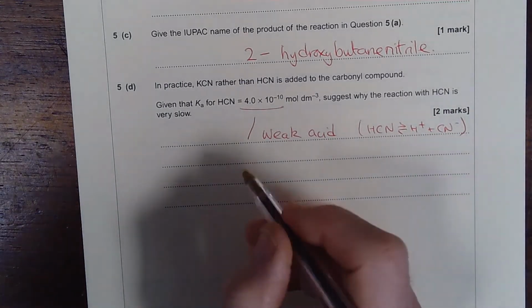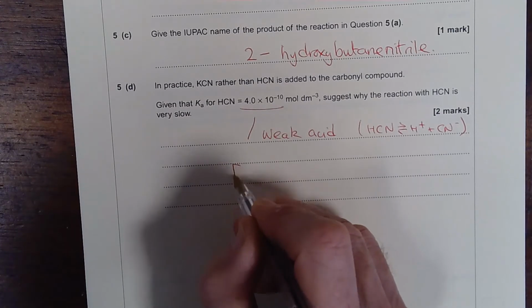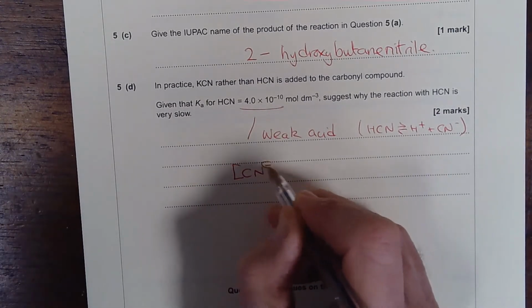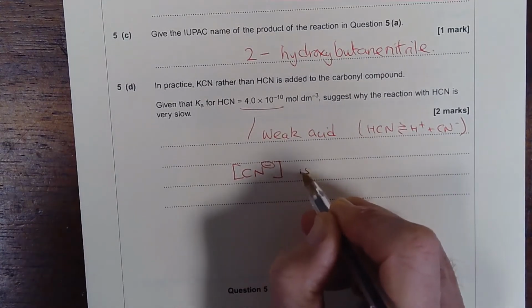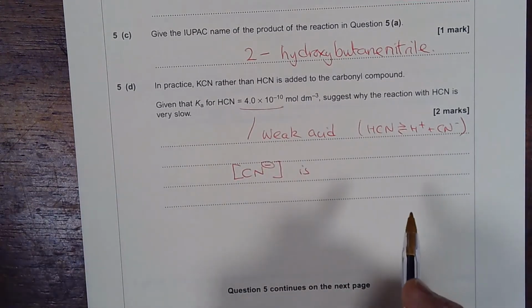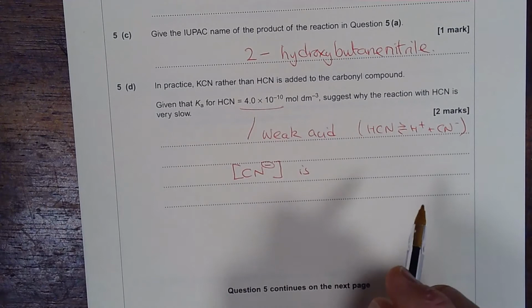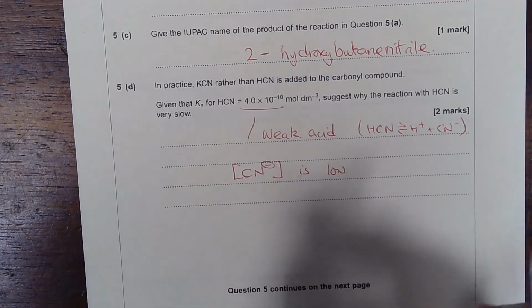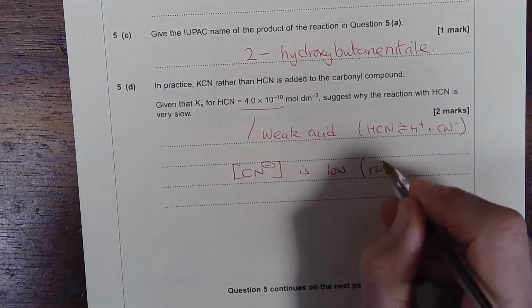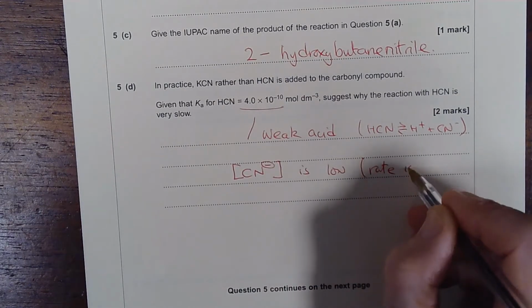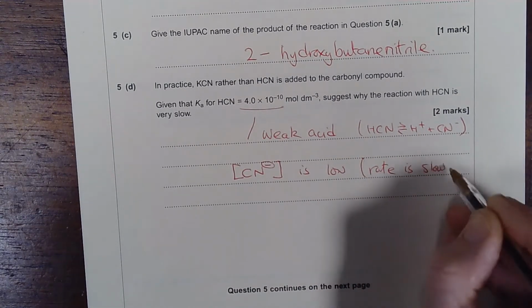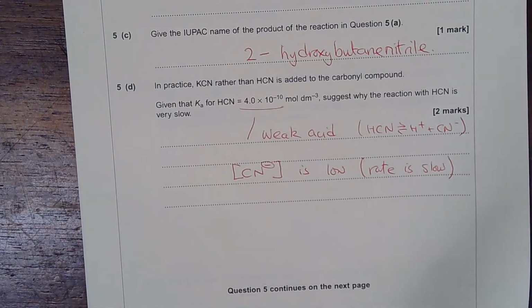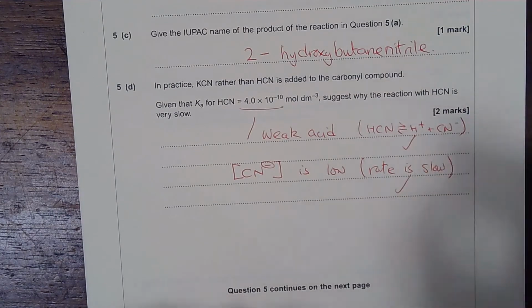You have an appreciation, therefore, that the concentration of the cyanide ion, which is our initial nucleophile, is, of course, therefore very low. And if it is low, that means that the rate of reaction will be slow, because the initial nucleophilic attack will be dependent upon the cyanide ion attacking. That's where the 2 marks come from there.